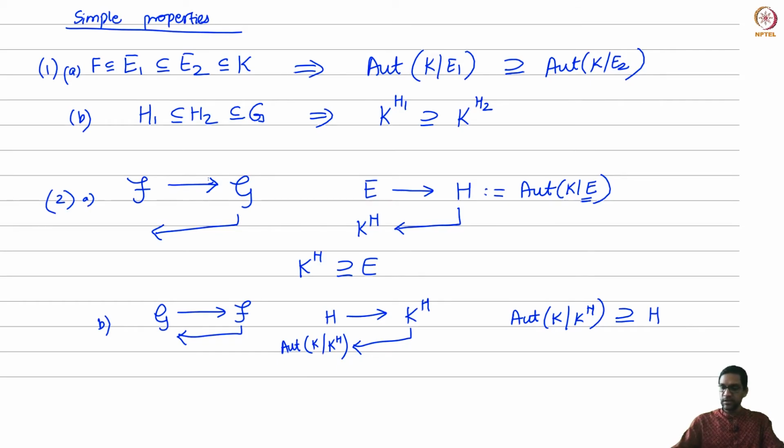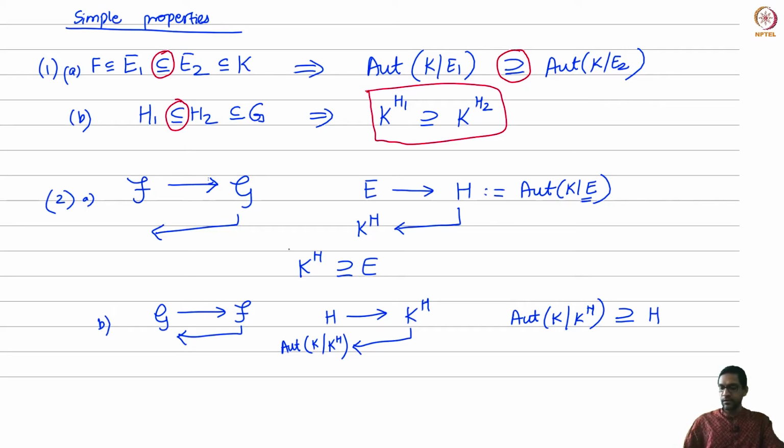So these are the various facts which are more or less obvious from definition: these two maps are inclusion reversing. If the inclusion here goes one way, there it goes the other way around. And what happens when you compose the maps?